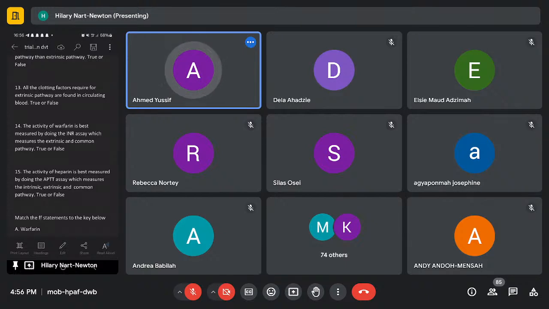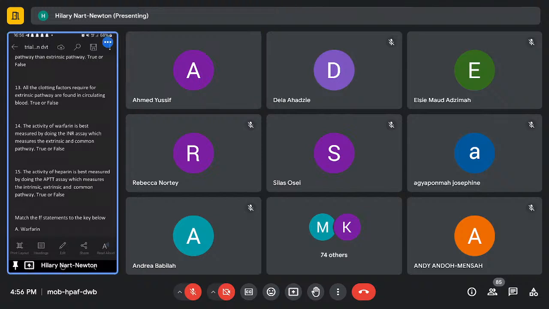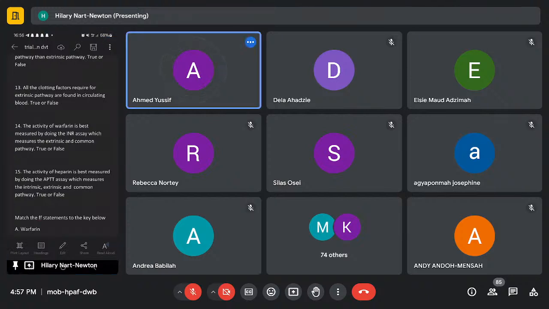So what are you going for? Which one are you going for? Is it a true or false statement?